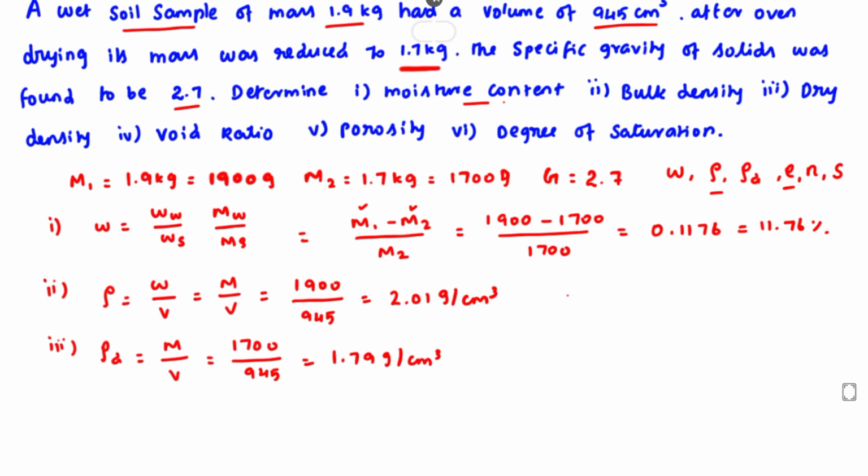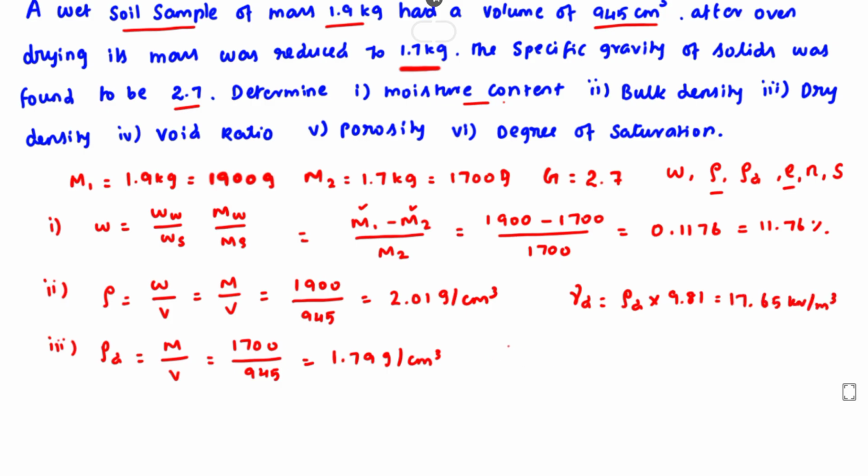For void ratio we can find out the dry unit weight. Dry unit weight gamma D equals rho D into 9.81. Now we can convert into kilonewton per meter cube. So we multiply by 9.81, and that is equal to 17.65 kilonewton per meter cube.